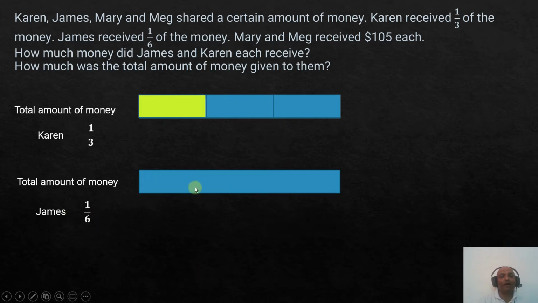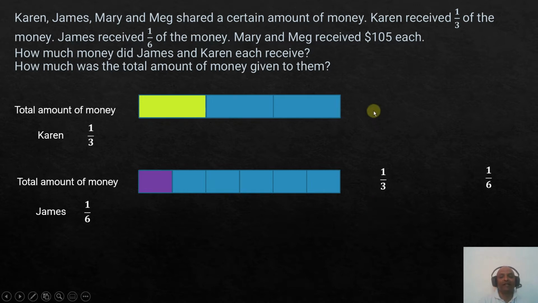So we're going to divide the total amount here into 6 equal parts, and James got 1 of it. So now we see that these two represent the same amount of money, just that in this case we have divided into 3 parts, and in this case we have divided into 6 parts.